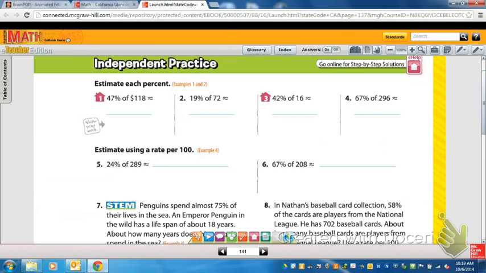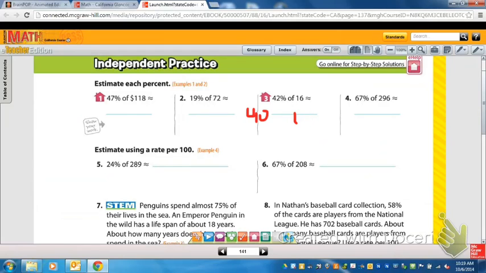Number 3, we have 42% of 16. 42 rounds off to about 40, and 16 we're going to say 15, because we want to keep them where they can be reduced and multiplied by 5.